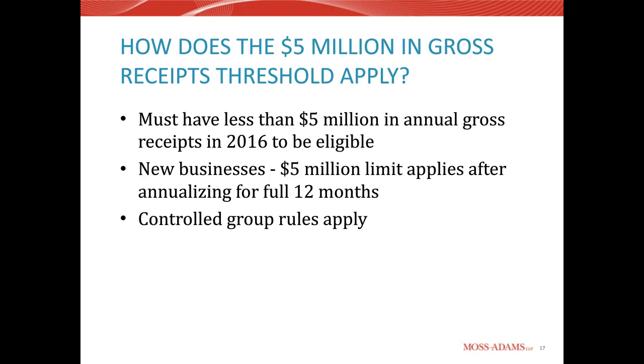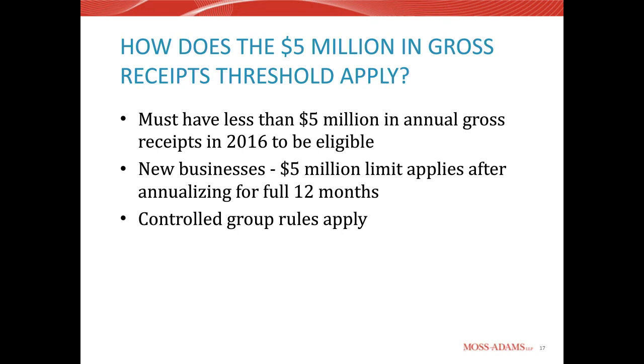So how does the $5 million in gross receipts threshold apply? As mentioned before, that $5 million mark is something that you would need to come in under in 2016. So if your revenues have fluctuated in the past, but you're under that $5 million mark in 2016, then you would be eligible.